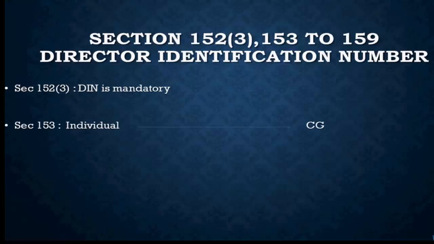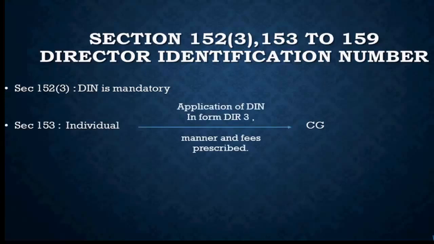Section 153 says that an individual has to make an application to receive the DIN, and that application is made in Form DIR-3. It is sent to the Central Government along with the prescribed fees and in the manner prescribed in the rules, right?